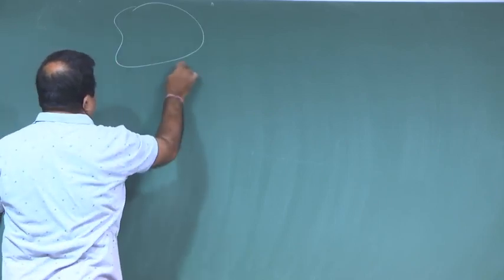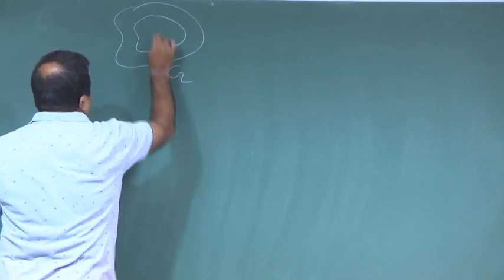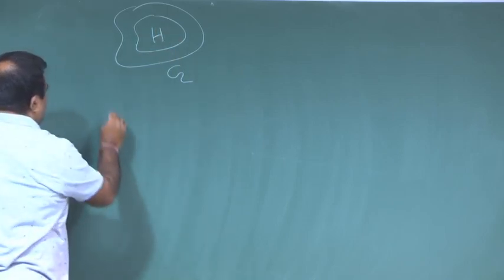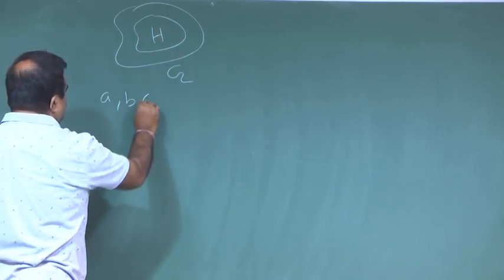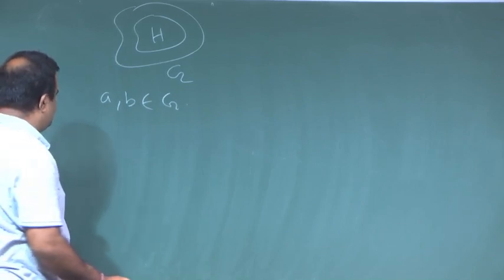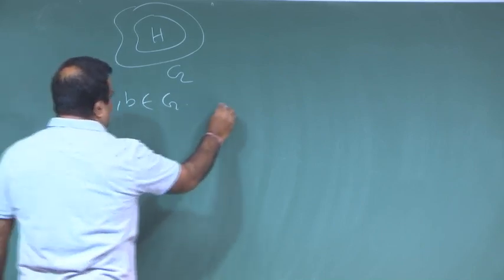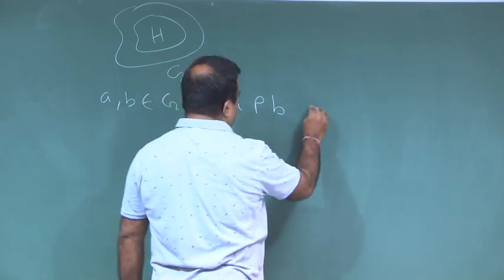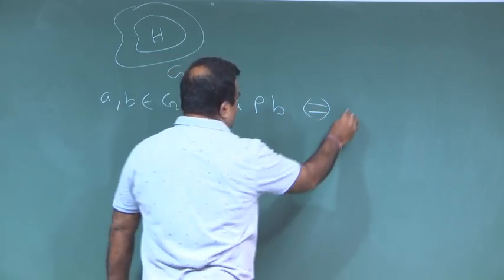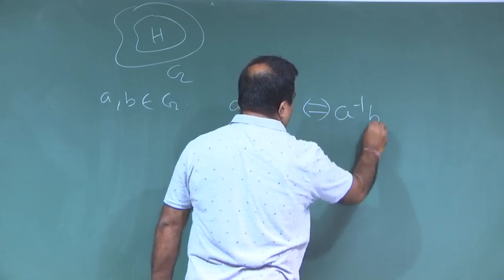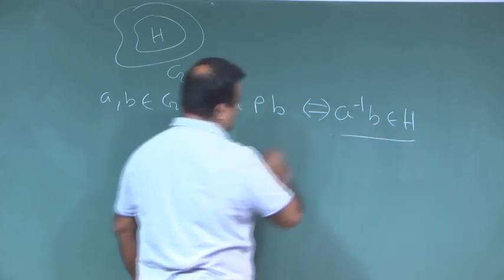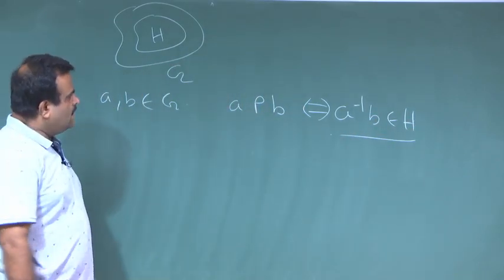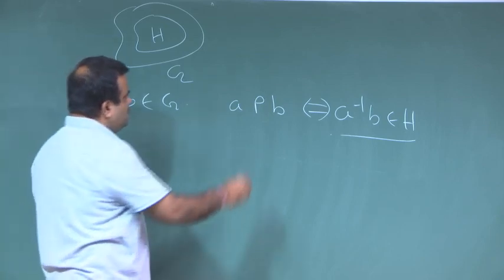So, again we have a set G, a group, and a subgroup H. Now, we take two elements from it and define a relation. We say A is related with B if and only if this holds, and this is how we define this rho.